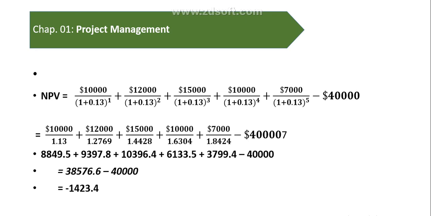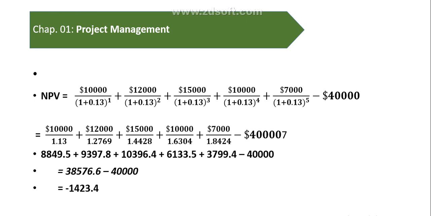Then minus 40,000. 10,000 divided by 1.13 becomes 8849.5, plus 12,000 divided by 1.2769 is 9397.8, 15,000 divided by 1.4428 is 10,396.4, 10,000 divided by 1.6305 plus 7,000 divided by 1.8424 becomes 3799.4, minus 40,000.